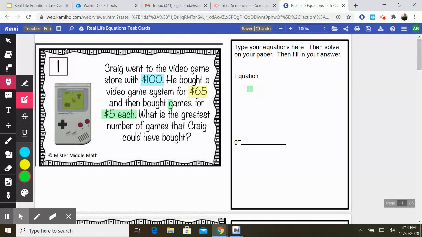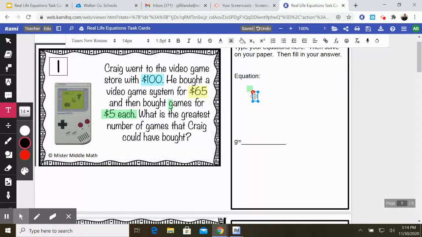Okay, so this is what I know. I know he spent $65. I know that he also is going to buy games, but I don't know how many.